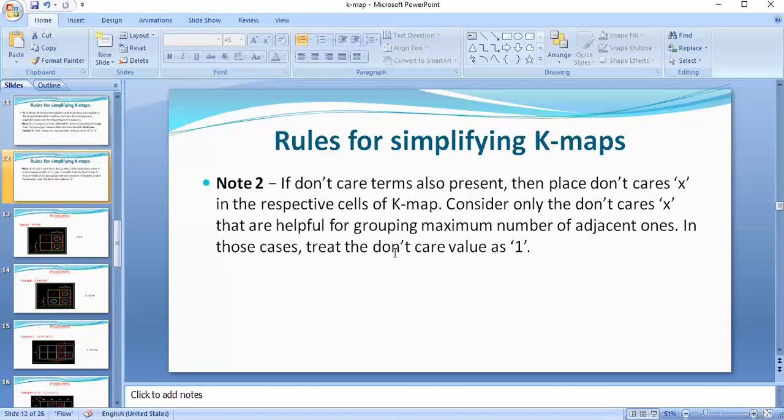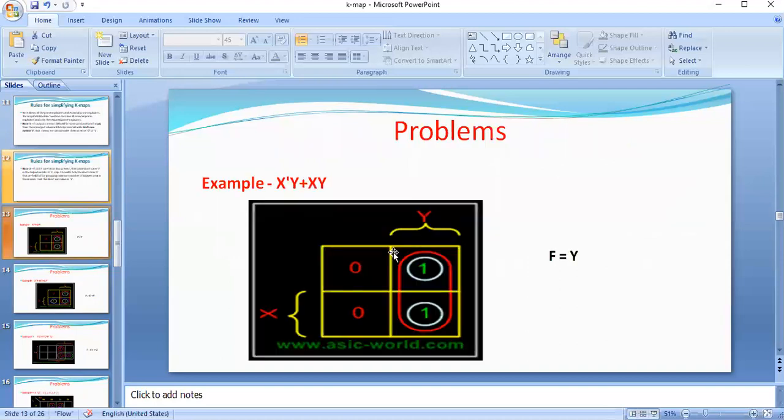Now I'm going to explain how to write the number of adjacencies for each cell. Here are some problems.